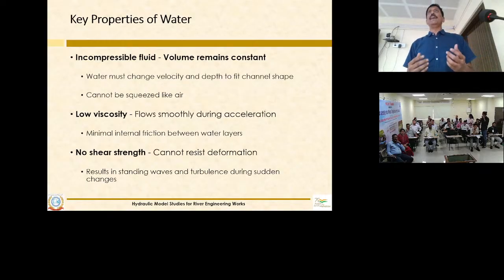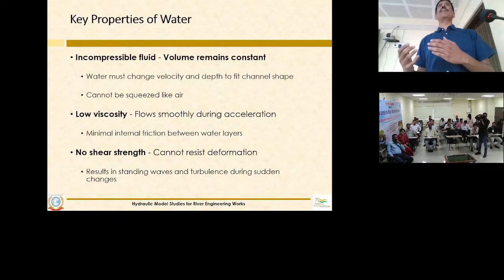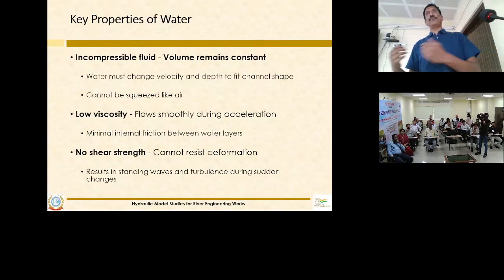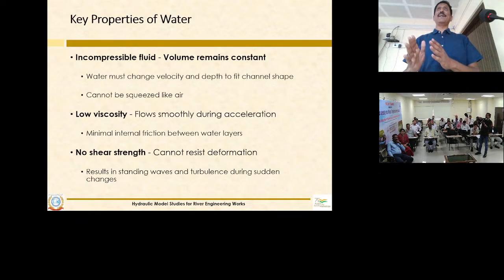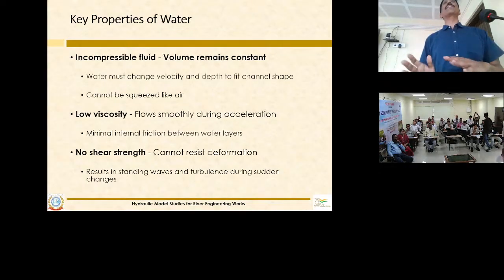Low viscosity. So water can accelerate easily; there is the least resistance. While flowing freely, it has no problem. But when we try to retard that water, when a barrage or some structure is there, it cannot retard smoothly because it has very low shear strength.